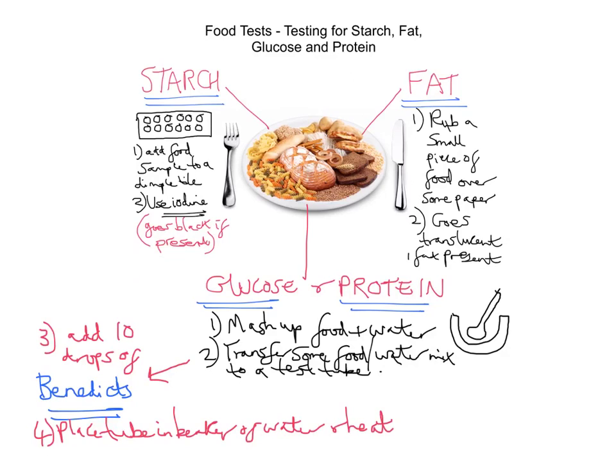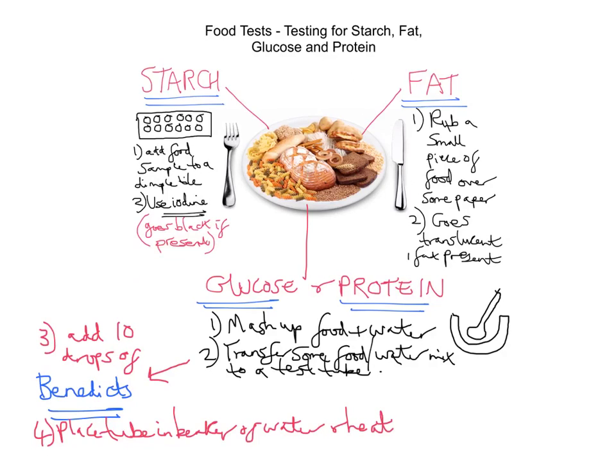And if glucose is present, then we could get an array of colours, but usually it's greeny yellow, or even red colours can indicate that glucose is present. Benedict's is a sort of bluey solution, so if that turns greeny yellow or red, then glucose is present.